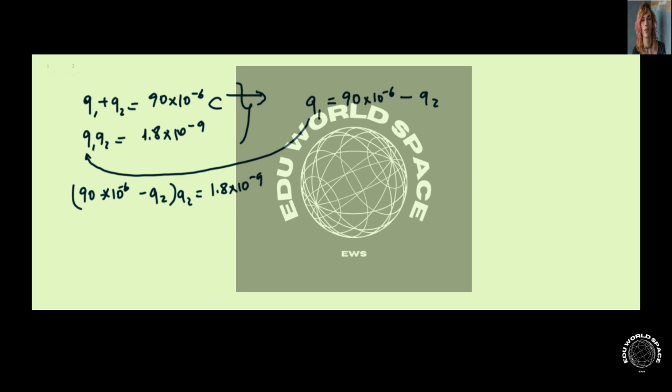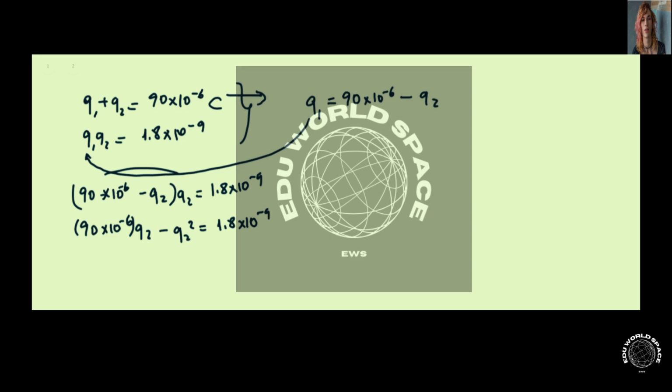If we distribute this, we get 90 times 10 to the power negative 6 Q2, let me put the parentheses here, minus Q2 squared equals 1.8 times 10 to the power negative 9.